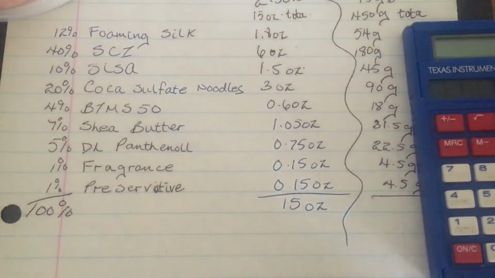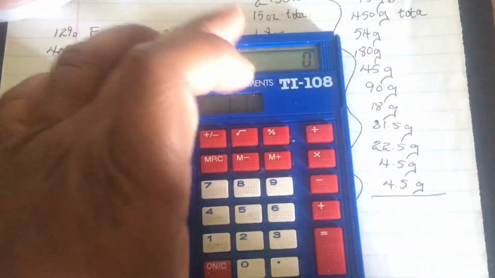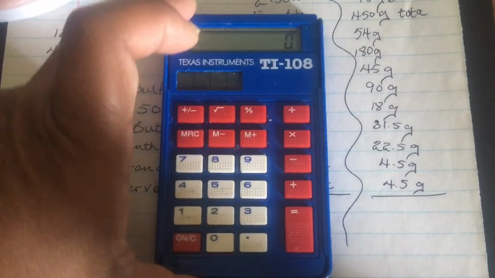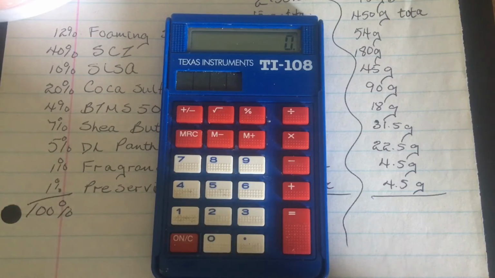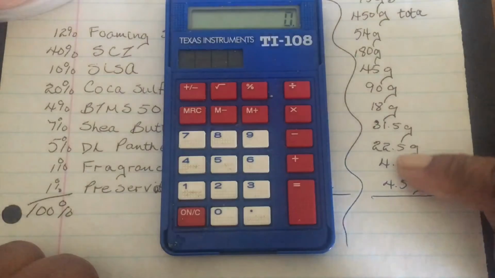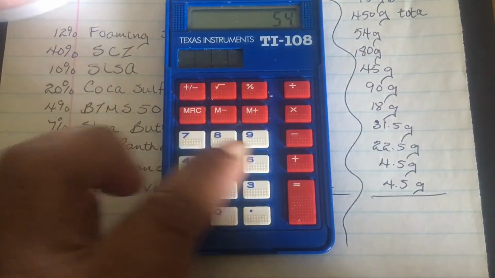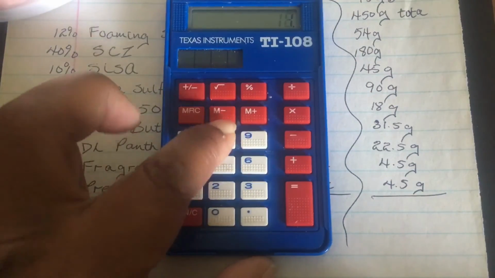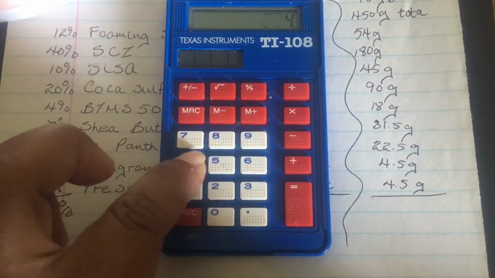So let's do the grams here. I'll come over here. I'm not left-handed. I'm actually ambidextrous, but we'll see how this goes. So I'm going to add up all the calculations I have for grams. So 54 plus 180 plus 45.